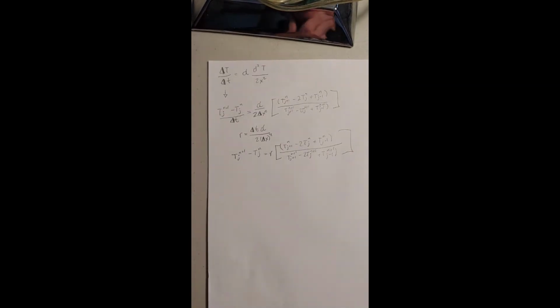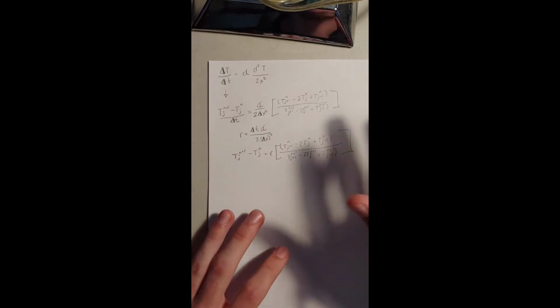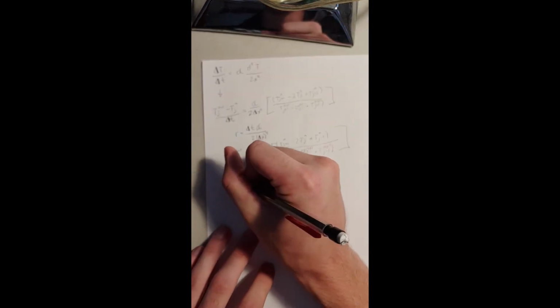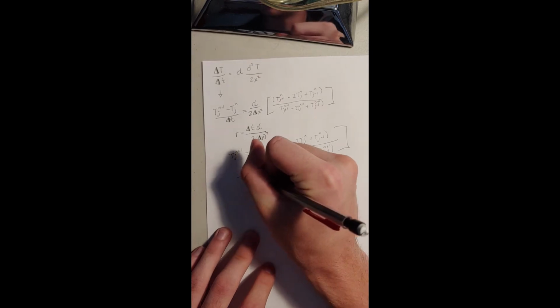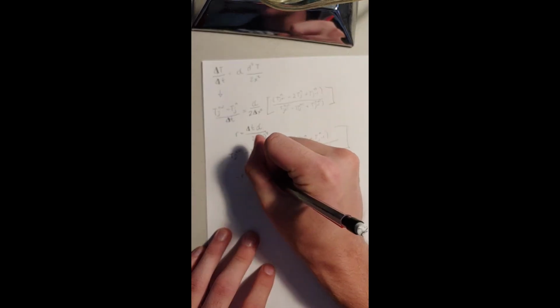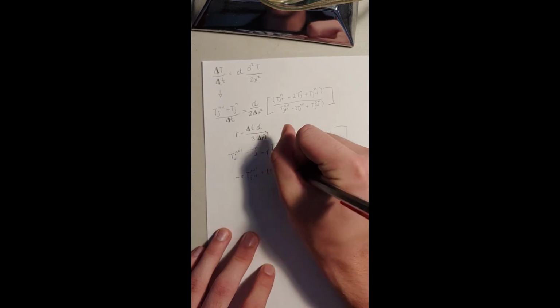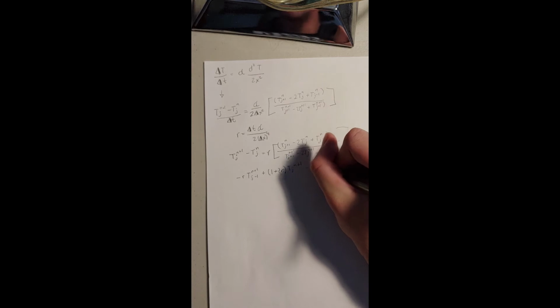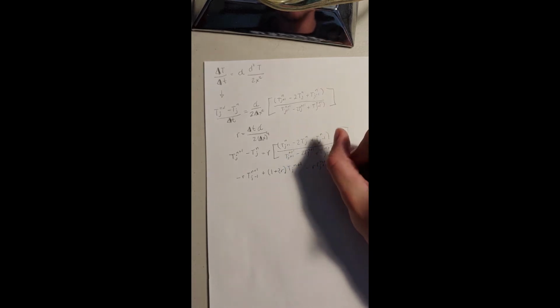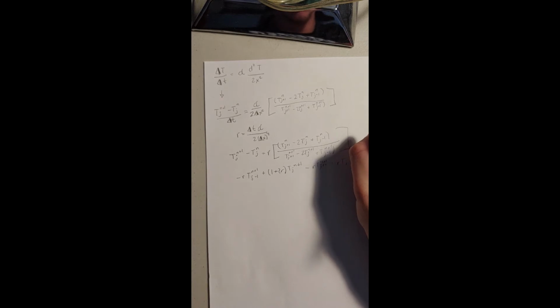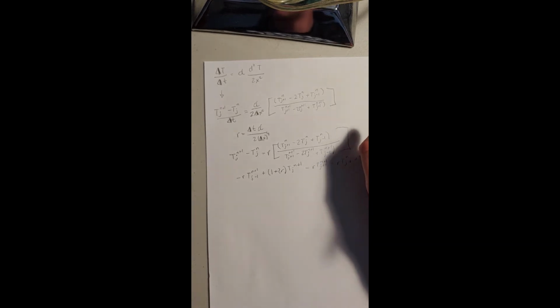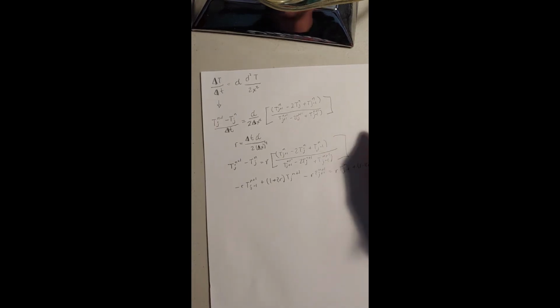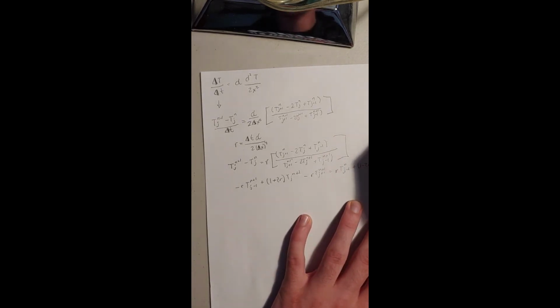Okay, so from this point we can further rearrange it, and we end up getting negative r T_(j-1)^(n+1) plus (1 plus 2r) times T_j^(n+1) minus r T_(j+1)^(n+1) equals r T_(j-1)^n minus 2r times T_j^n plus r T_(j+1)^n.